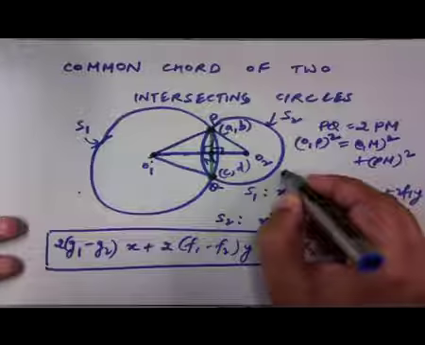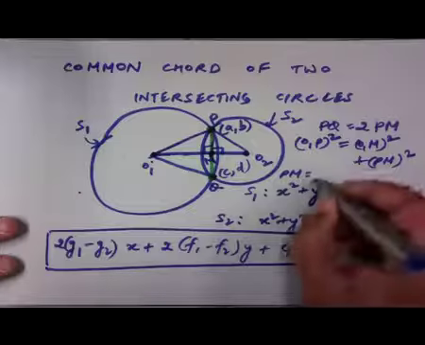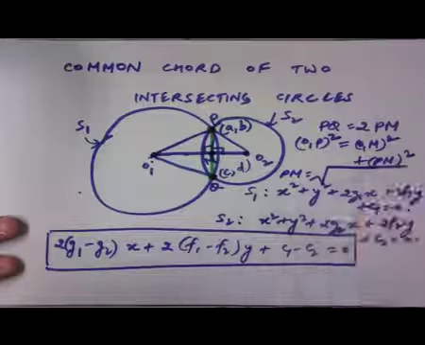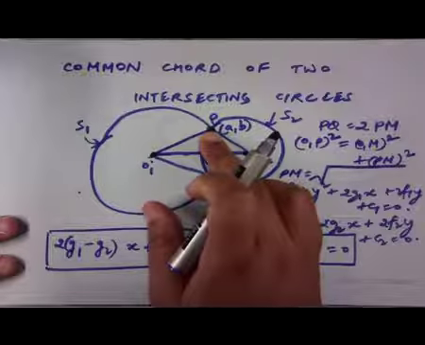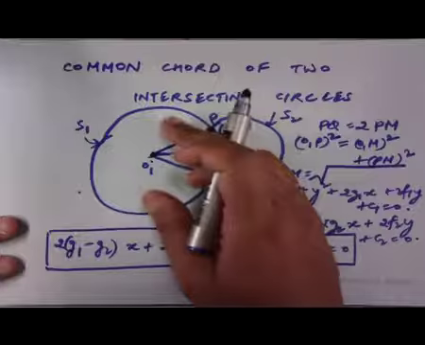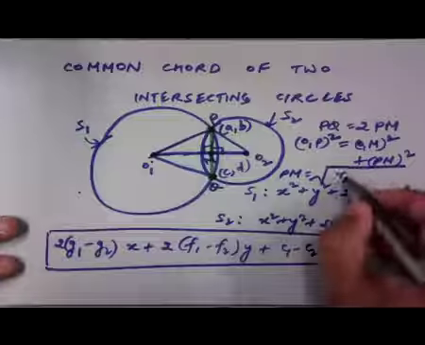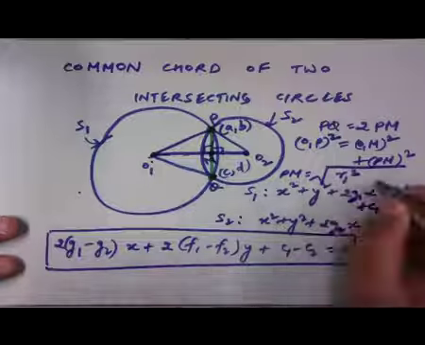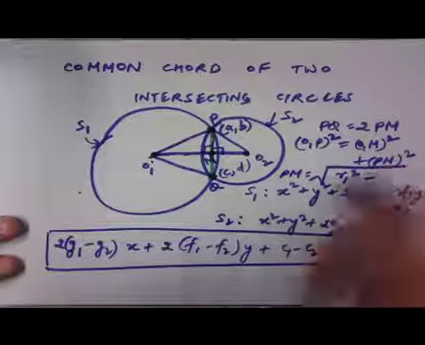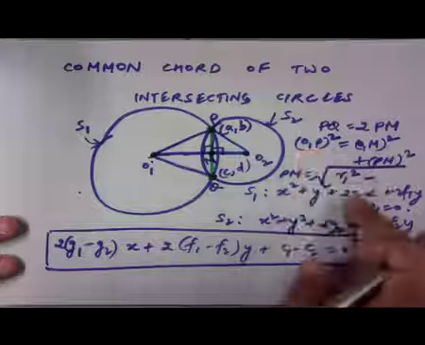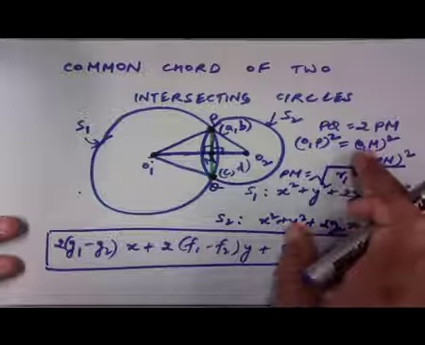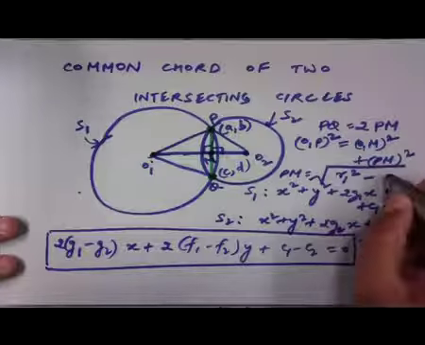Therefore, PM is the square root of, now O1P whole square is nothing but the squared radius of the first circle, let us say R1 square. So PM equals the square root of R1 square minus O1M whole square.